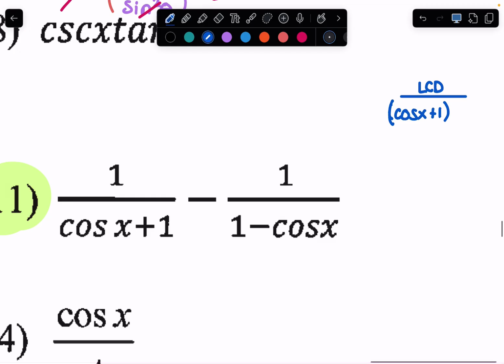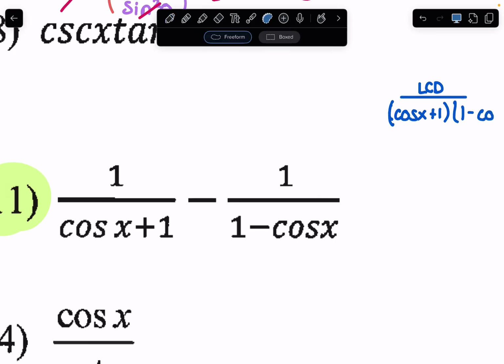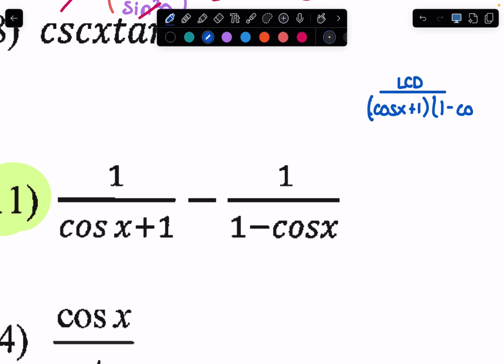Is my other denominator different? Yes, I'm going to write it. Trying to make my denominators say the same thing. The only way that's going to happen is if they both say what's written on the denominators, right?